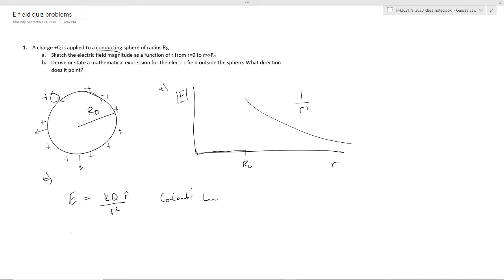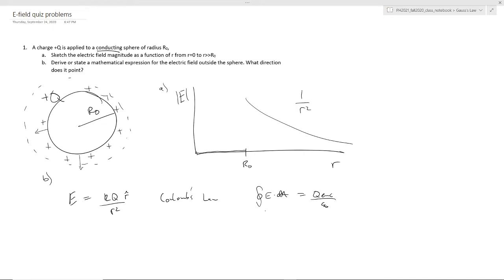The other way that we've talked about this is you can use Gauss's law, and you can say, okay, if I look at the integral of E dot dA, it's going to equal the charge enclosed over epsilon naught. You can imagine drawing yourself a Gaussian surface, a sphere that would be concentric with our spherical charge distribution.